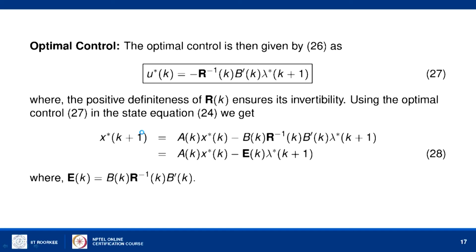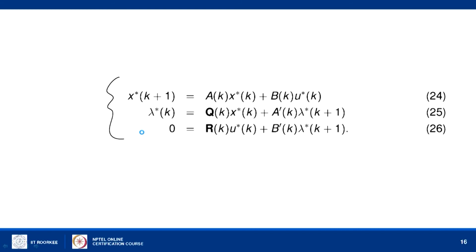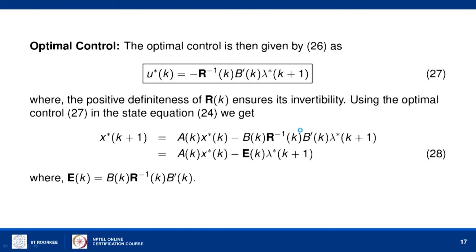From equation 26, for example, we can directly get the optimal control u by taking the remaining terms to the other side and writing u star of k in this manner. So we get the optimal control expression in terms of lambda.